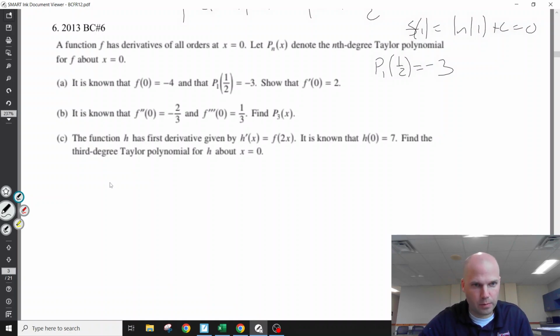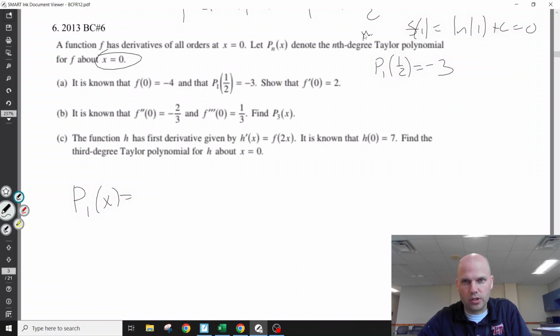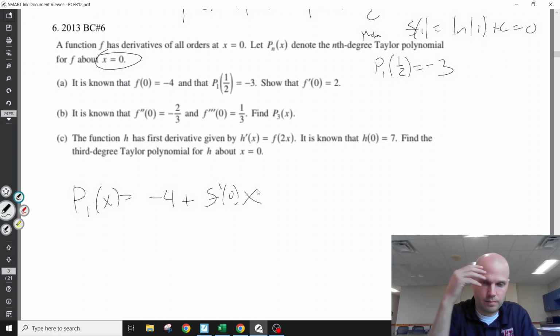Here's my first degree Taylor polynomial. f of 0 about x equals 0. We're talking about a Maclaurin, so f of 0 is negative 4 plus whatever my first derivative is at 0 times x, divided by 1. Okay, this is what my first degree Taylor polynomial is.